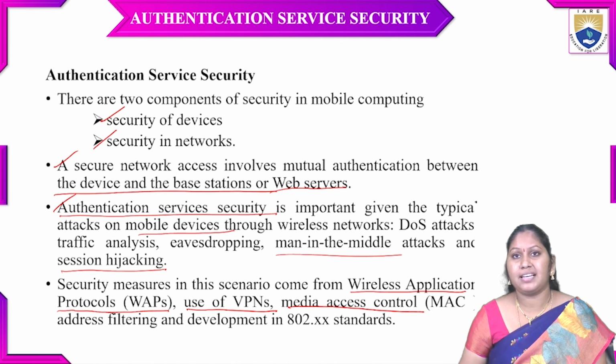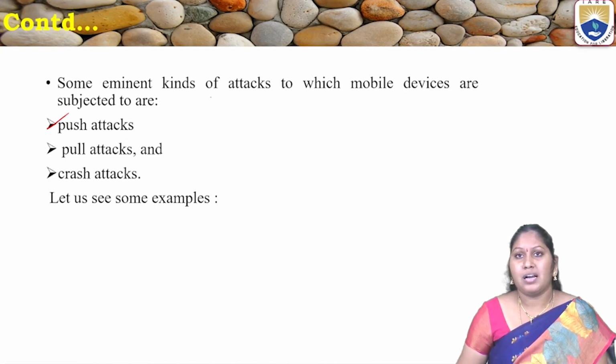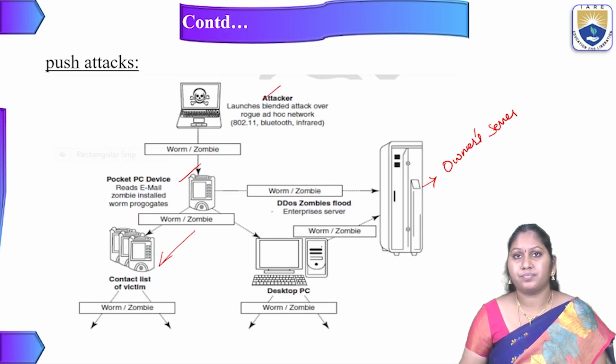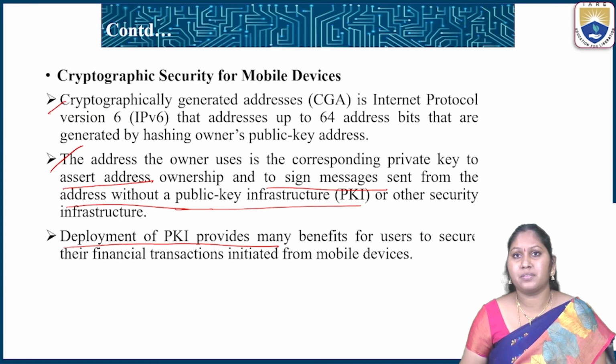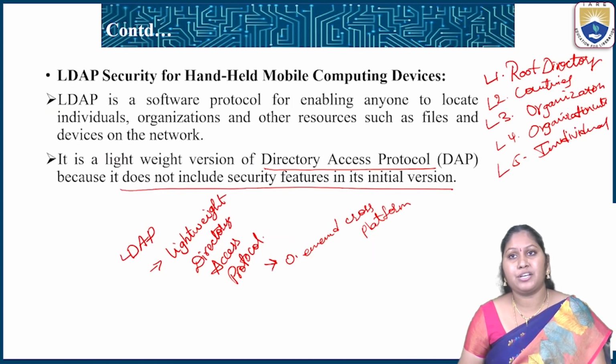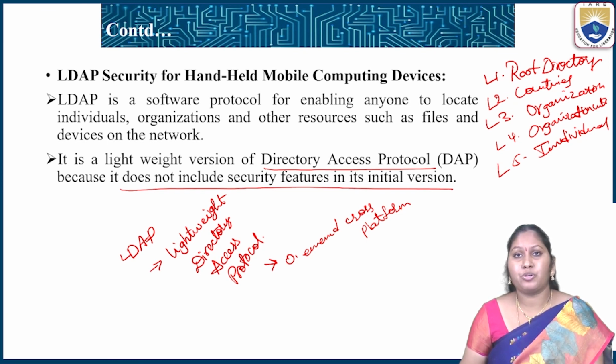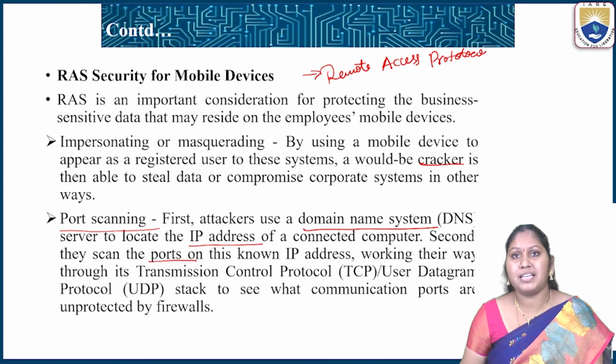We have two components: security to the devices and security to the network. We discussed push, pull and crash attacks with diagrams, and the authentication service securities we have in mobile devices, like cryptographic security and LDAP, Lightweight Directory Access Protocol security for mobile devices.